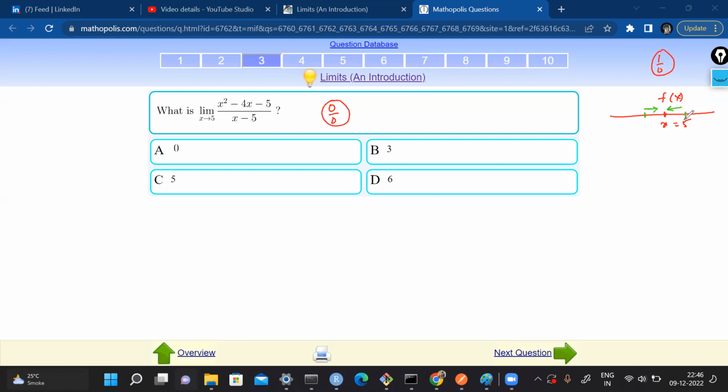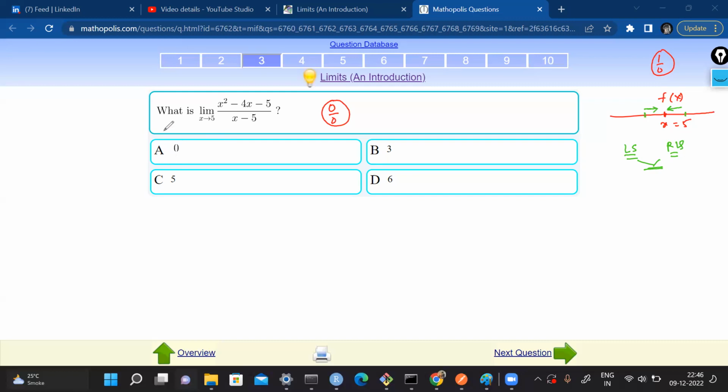Not exactly x equal to 5, but very close to 5. Then we put the value in the function and compare it. From the left hand side and right hand side we were getting the same answer. So we can say that is the value of the function when x approaches 5.